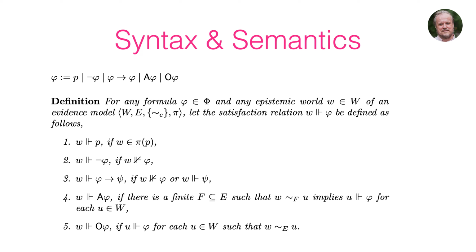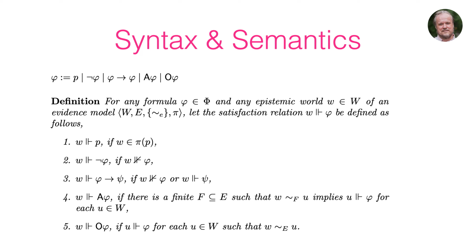The syntax of our logical system contains Boolean connectors and two modalities that we have mentioned earlier, the attainable knowledge modality A and the omniscience modality O. The formal semantics of omniscience, item number 5, says that in order for omniscience of phi to be true, phi should be derivable from all the evidence, right? So phi should be true in all worlds that cannot be distinguished from the current world by all the available evidence.